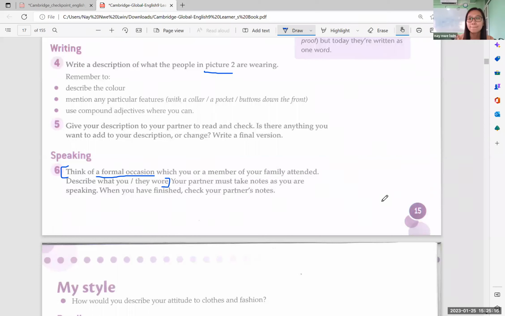And my mother and my grandparents, the grandmother wore longyi and tamein. Yes, that is the only thing that I can remember. So what did you wear at that time? Long sleeve shirt and paso, right? Yes. Okay, great.